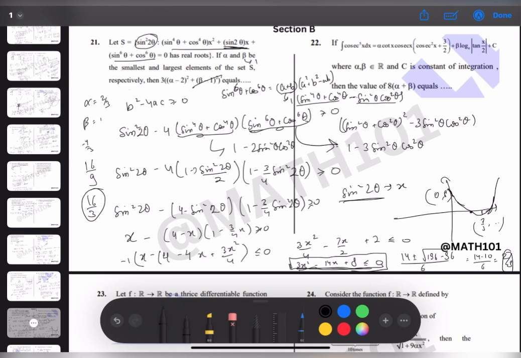No, we'll also have a 2 here. It's 4 minus 2x. So this is not minus, this is minus 5x and minus 3x squared by 2.